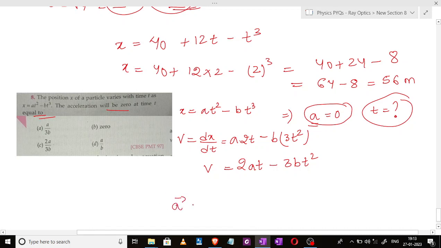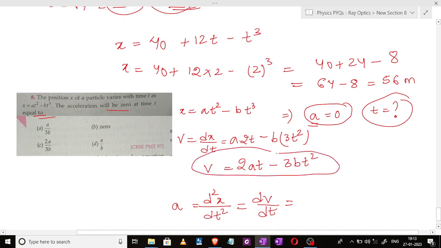Okay. Now what is acceleration? Acceleration we can also write as d square x by dt square, or we can write this as dv by dt. So we have to differentiate v. 2a comes in front. The differentiation of t alone is 1, minus 3b, and the differentiation of t square is 2t, right? 3b into 2t, 3b is a constant.